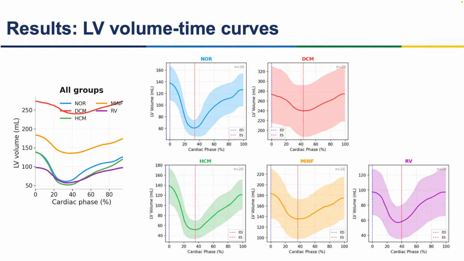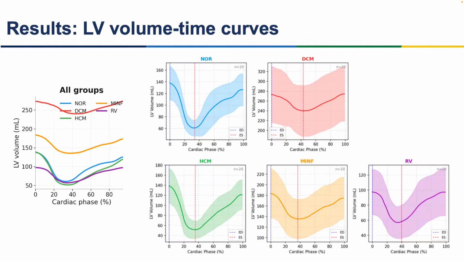So we next converted the full cycle LV cavity masks into patient level volume time curves across all 100 ACDC subjects. The group level trajectories show distinct patterns across the 5 diagnostic groups. DCM exhibits substantially elevated ventricular volumes with a relatively shallow systolic decrease, whereas HCM shows a smaller cavity and a steeper reduction towards minimum volume.